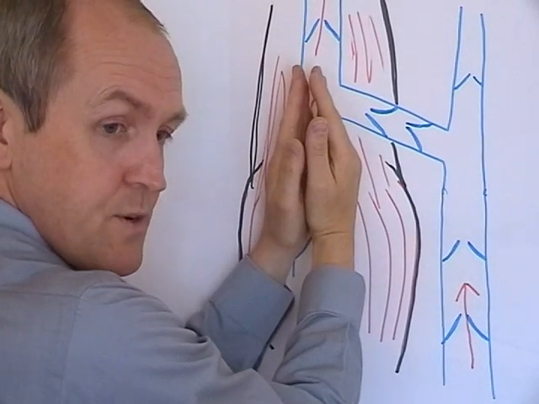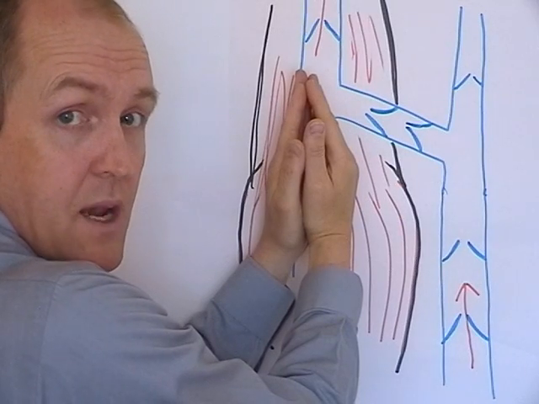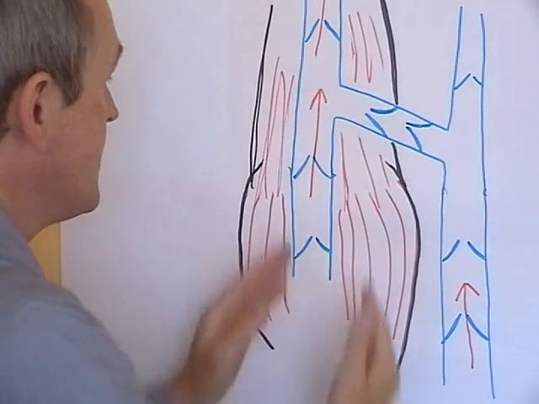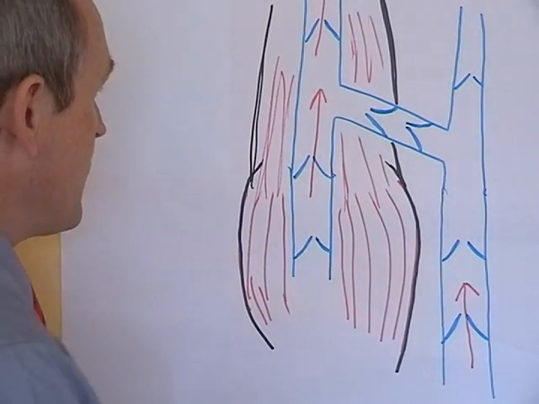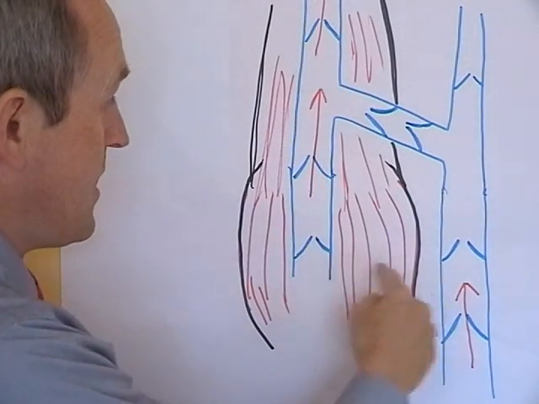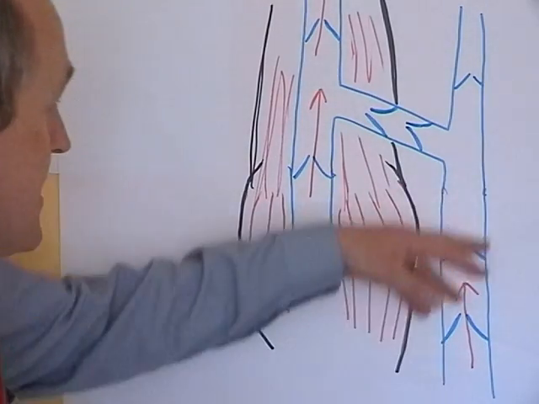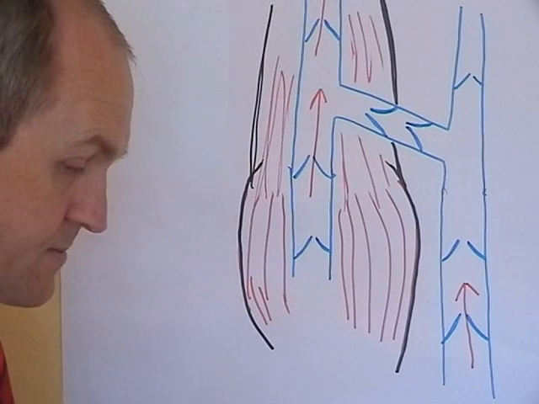That means that for a short period of time the pressure in the deep vein is actually quite low. So we have a situation now where the pressure in the deep vein is low and the pressure in the superficial vein is higher because this vein has had time to fill up.